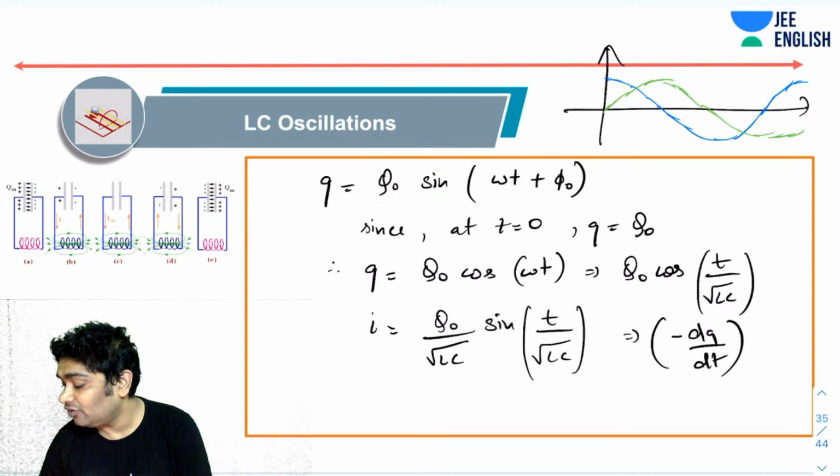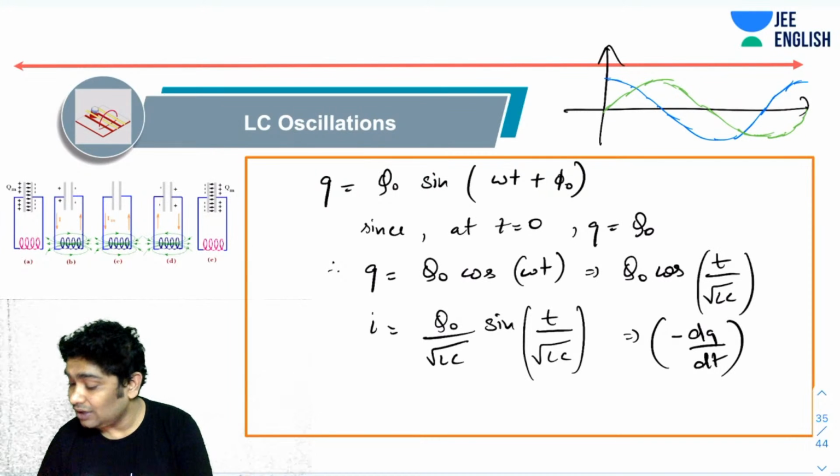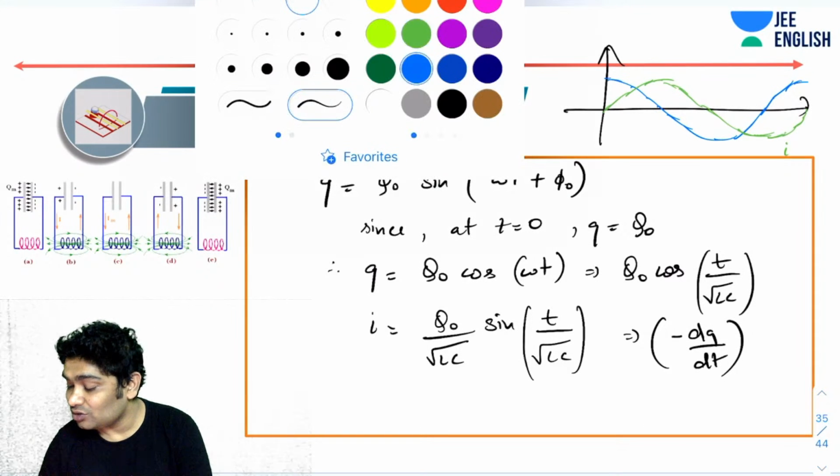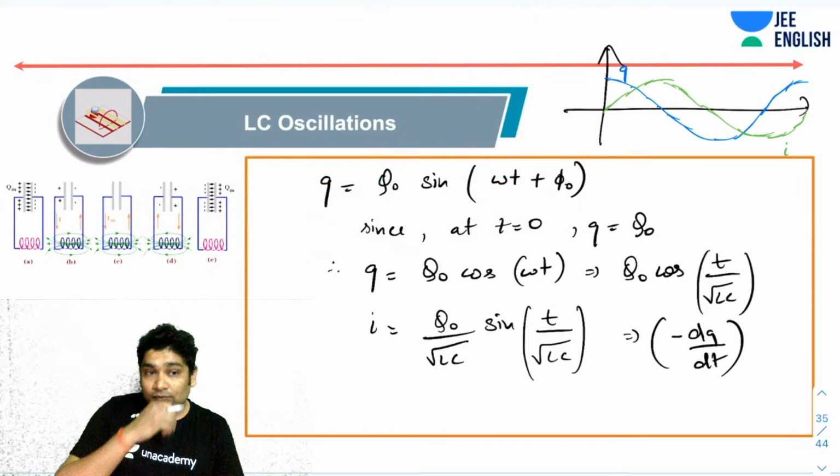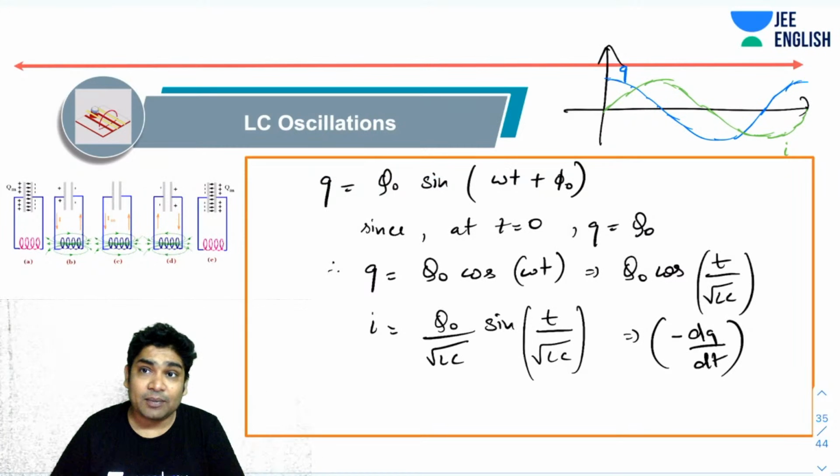This is the variation of q, and this is the variation of I with respect to time t. You have current and charge in the circuit, both are oscillating in fact. And that is why we call this LC oscillations.